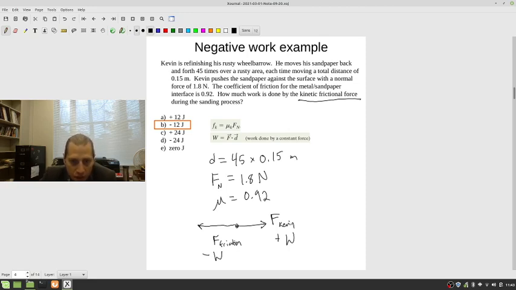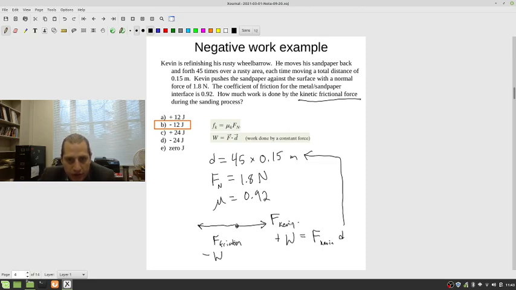So what's happening here is essentially that Kevin is putting in positive work, and the friction is taking out negative work. If we find out what work Kevin is doing, it's going to be some force, F Kevin, times the distance, which we have right there.